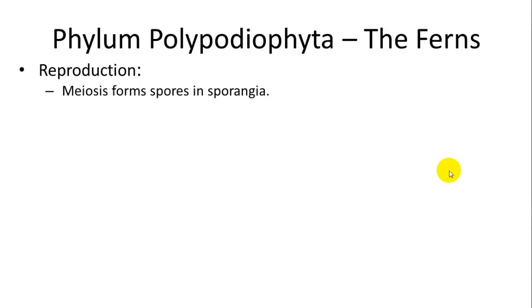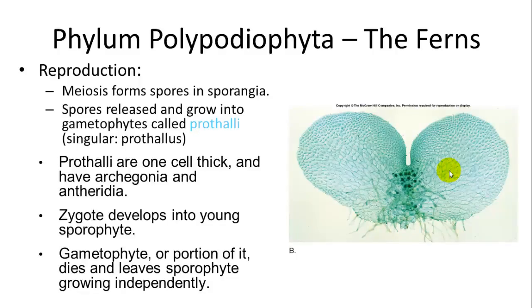So when they go through meiosis, they form these spores, and so then they have this haploid part of their life cycle. And those spores then germinate and grow into a gametophyte called a prothallus. So here's a prothallus here, kind of heart-shaped. These are small, generally an inch or two in diameter.